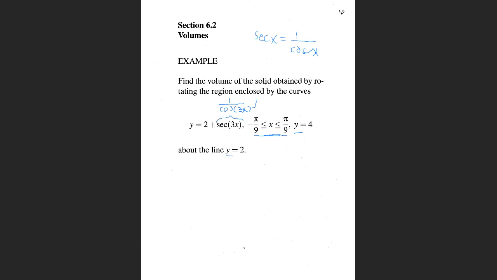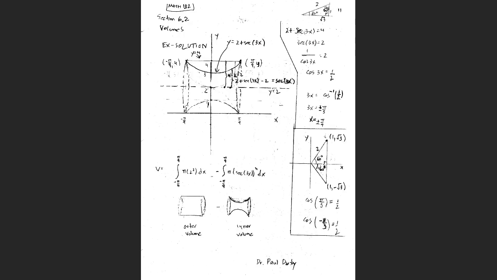That's right. So, okay, here's a picture. Let me show you here what we got. Here's y equals 4. And then here's the function y equals 2 plus the secant of 3x.